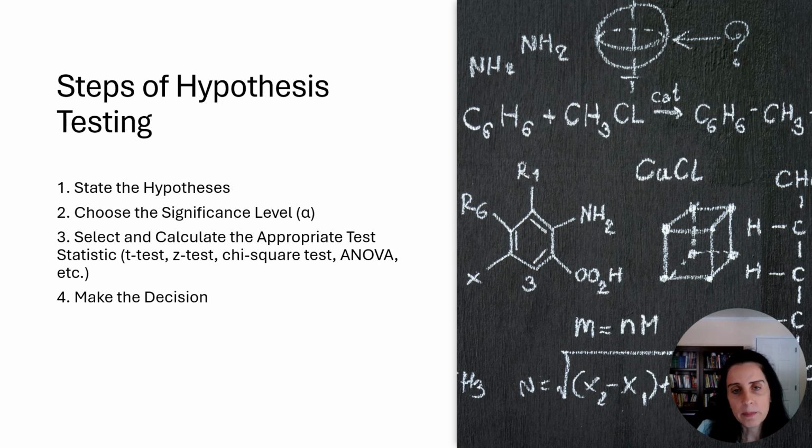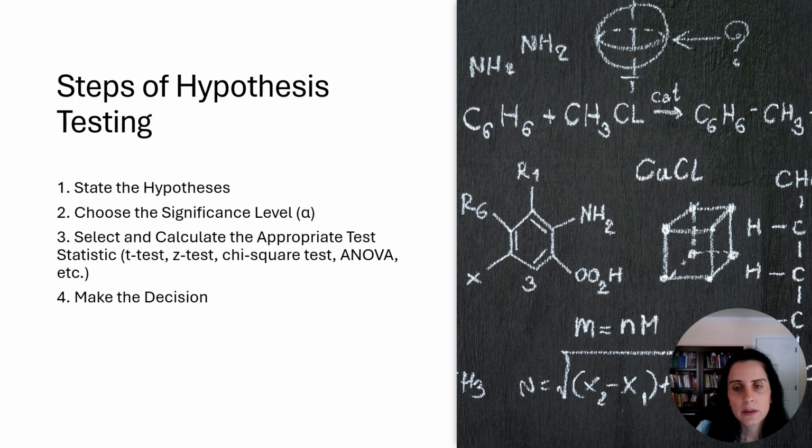The third step in hypothesis testing is calculating a test statistic. The choice of the test statistic depends on the type of data, the specific hypothesis being tested, and the specific analysis that is needed.